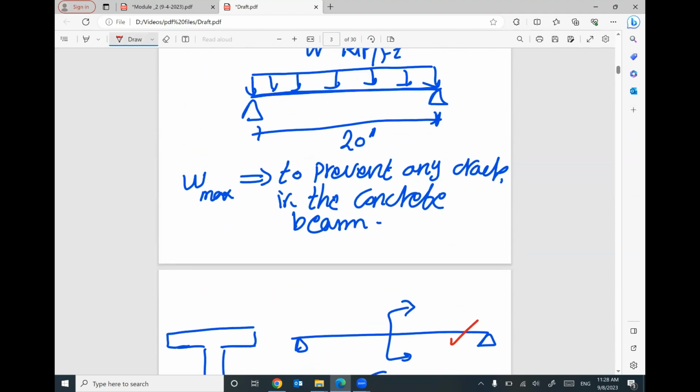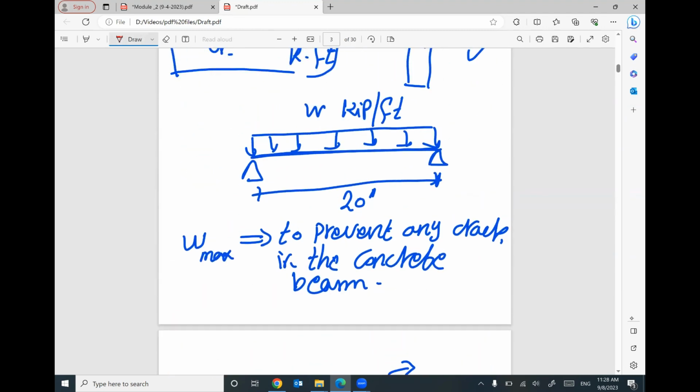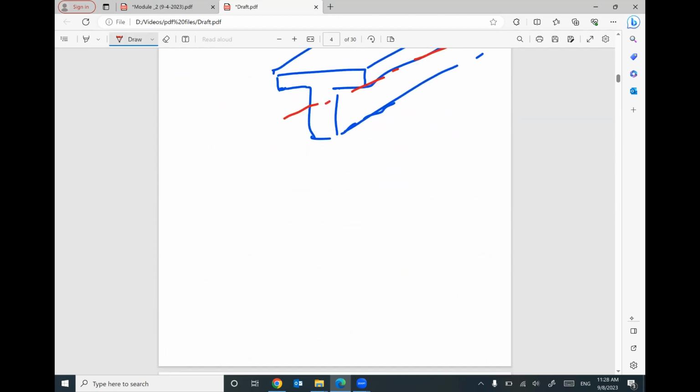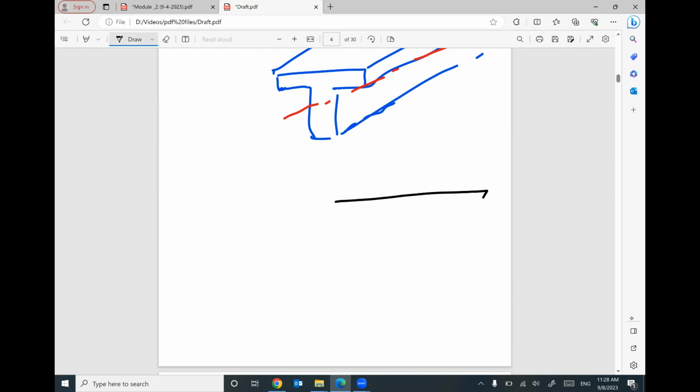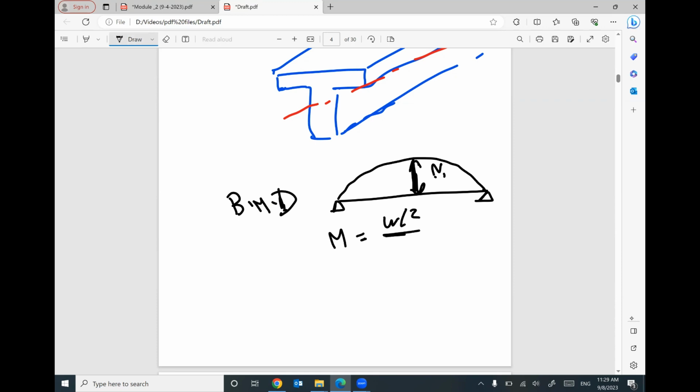Okay? So one more time. If you have a beam with a 20 feet span and uniform distributed load, anybody in this room remember from structure analysis what the bending moment diagram was? Parabola. Do you remember what the highest value of this moment was? W L squared divided by 8.